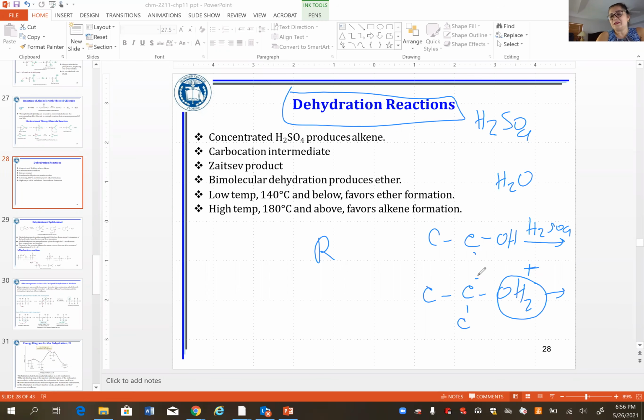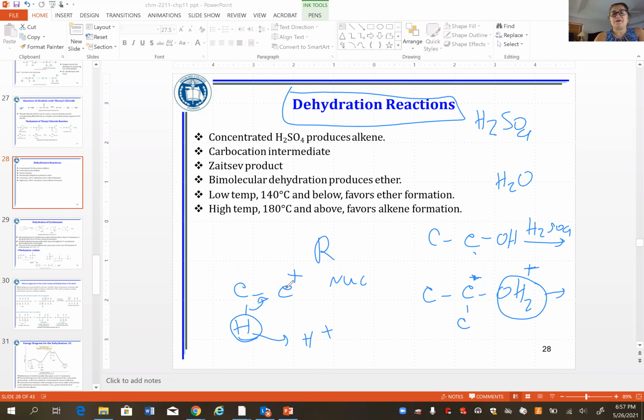When you have a carbocation forming, it needs to be stabilized. There are 2 ways it can be stabilized. Either you bring in a nucleophile to stabilize this, or you bring a base and remove H plus. When H plus leaves, this pair of electrons drops in, and it gives you a carbon-carbon double bond.